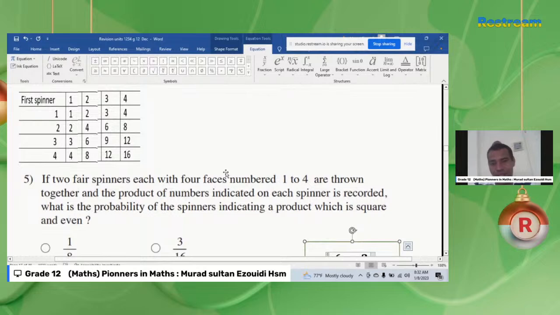Means this is the first, numbers in the first spinner, and this is the second one. And the question is, you are going to work out their product. Okay, and you should record your answer. The question: what is the probability of the spins indicating a product which is a square number and even?